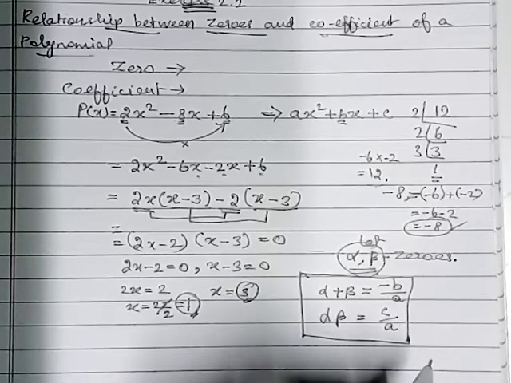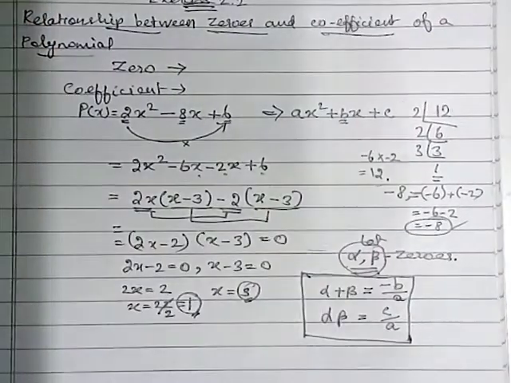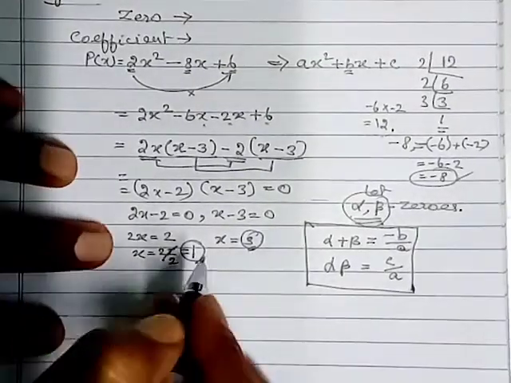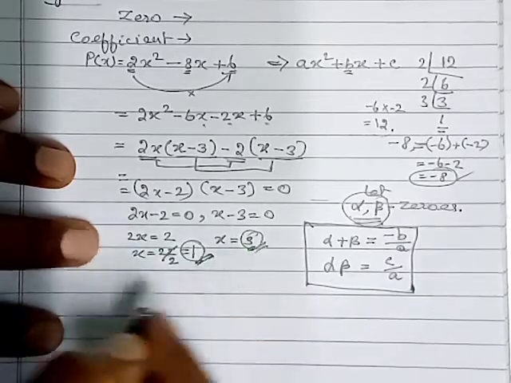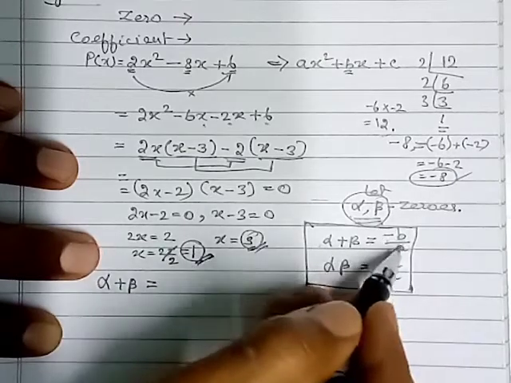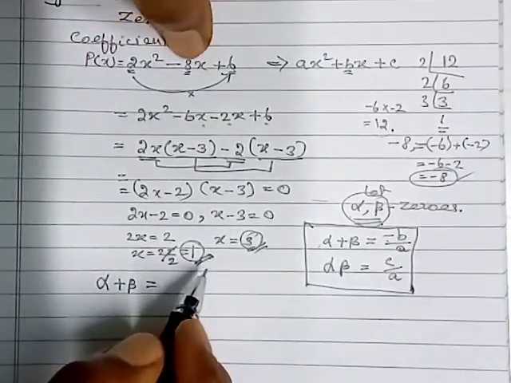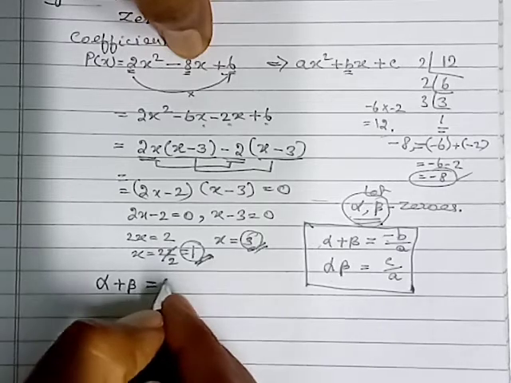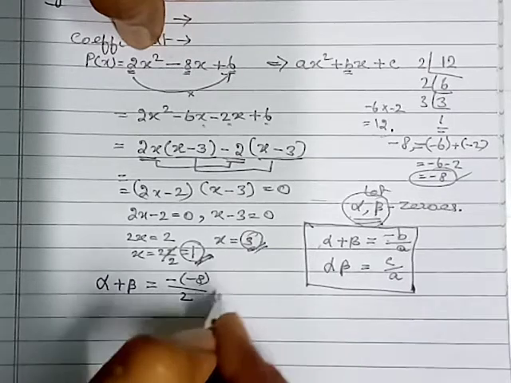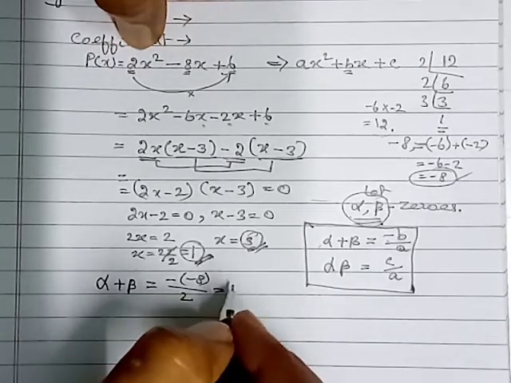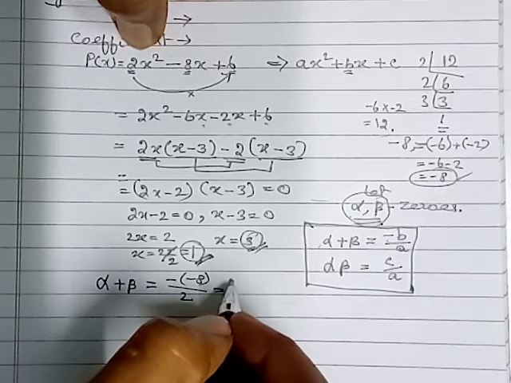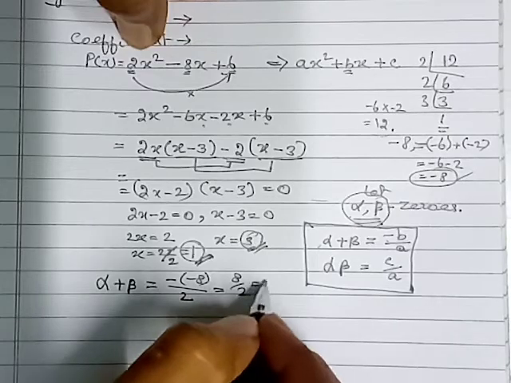Okay, you got it? Shall we check it for this sum? Already we found the values of the zeros, that is 1 and 3. Alpha plus beta is equal to minus b by a, right? Here my b is minus 8, so minus b by a is 8 by 2, which is 4.